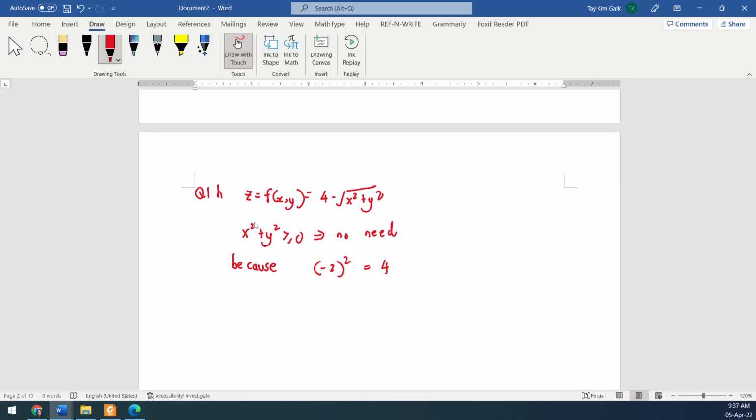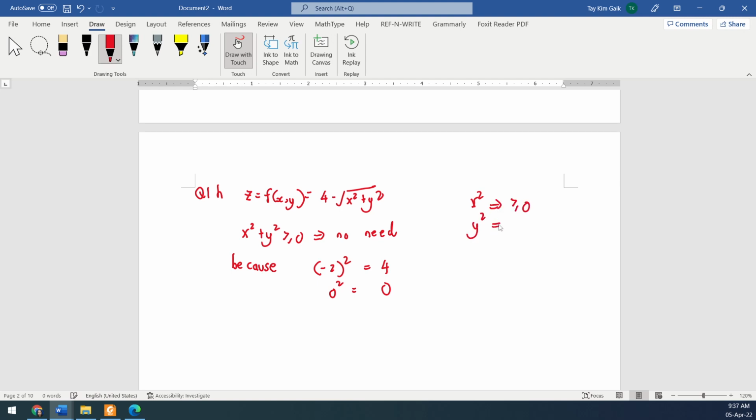So whatever you square is always positive. You put 0 squared, 0. So that's why x squared plus y squared, x squared minimum is 0. Meaning x squared always gives a value greater than or equal to 0.